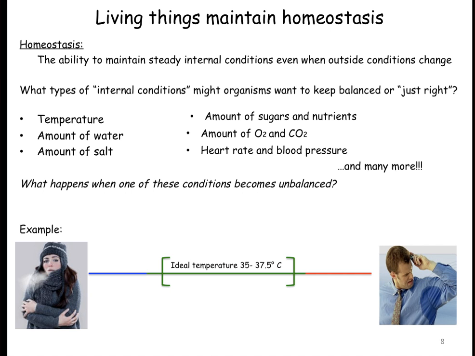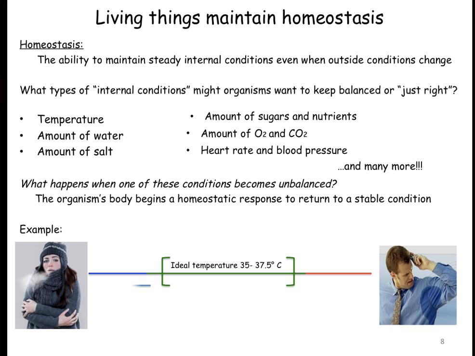If the temperature starts to fall below this range, the organism will initiate a response to bring the temperature back up into the stable range. In this case, the response is shivering.